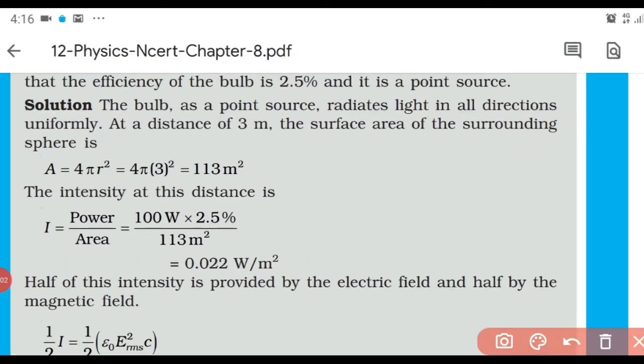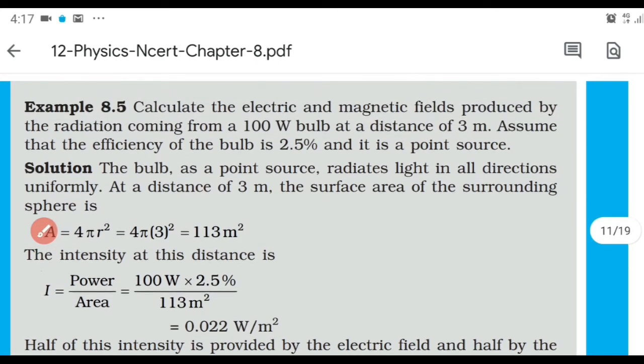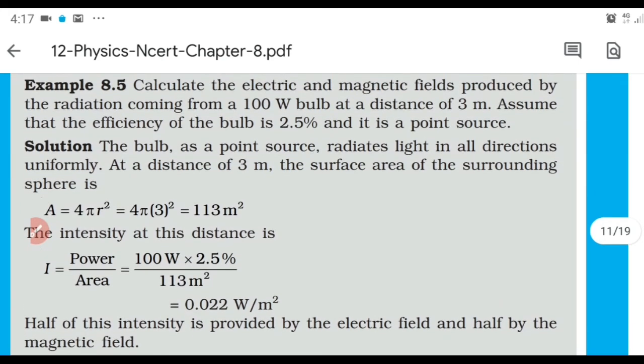So in this question, the bulb is acting as a point source and it radiates light in all directions uniformly. And we are asked to find the electric and magnetic field at a distance of 3 meters.